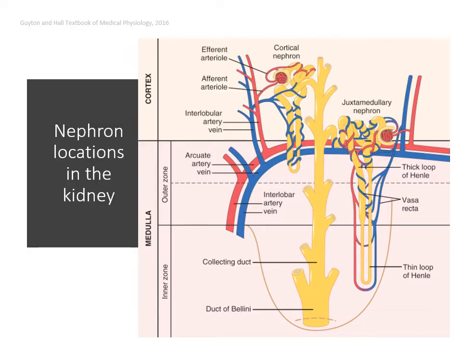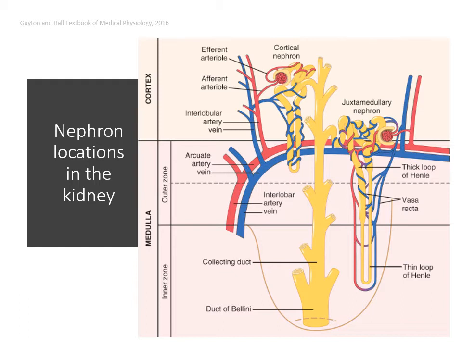Let's look at the anatomy a bit more. On the side of this image, you'll see it says cortex and medulla. Typically part of the nephron is in the cortex and part of the nephron is in the medulla. When I use the word nephron, I'm really referring to the glomerulus and then the renal tubule, and they all have a very similar shape.